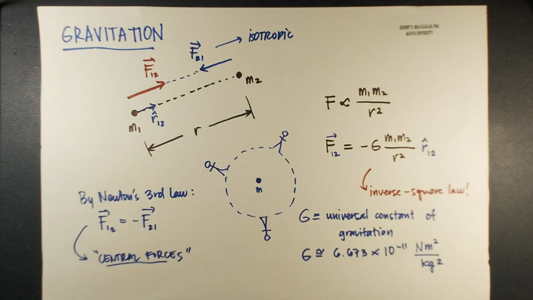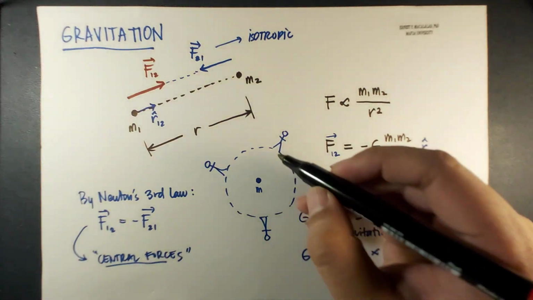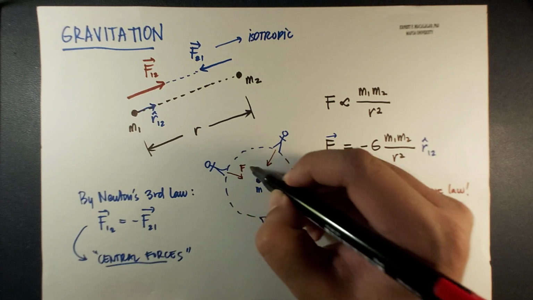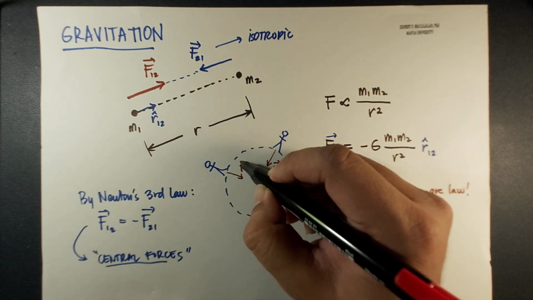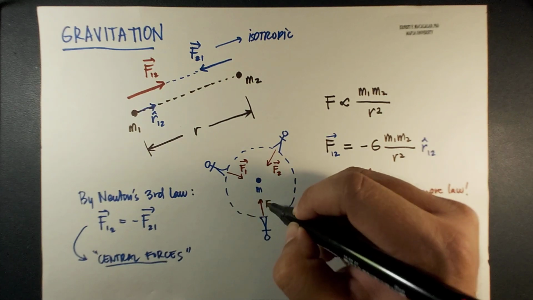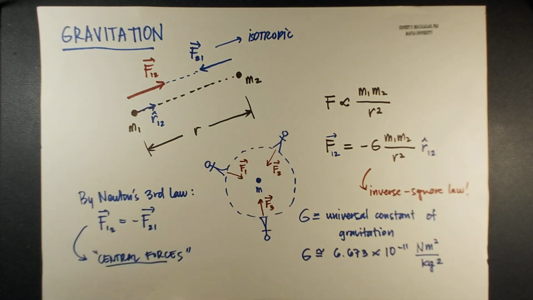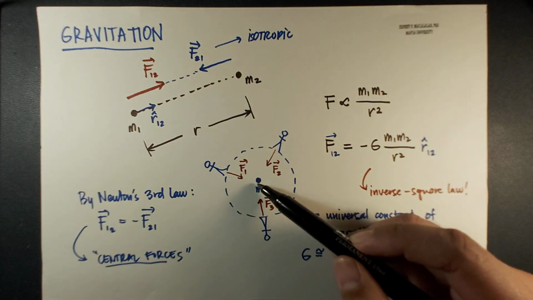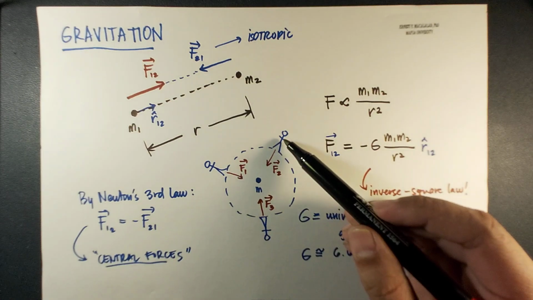Okay, the magnitude of the gravitational force will always be directed towards the center. Let's call this F1. Let's call this F2. Let's call this F3.